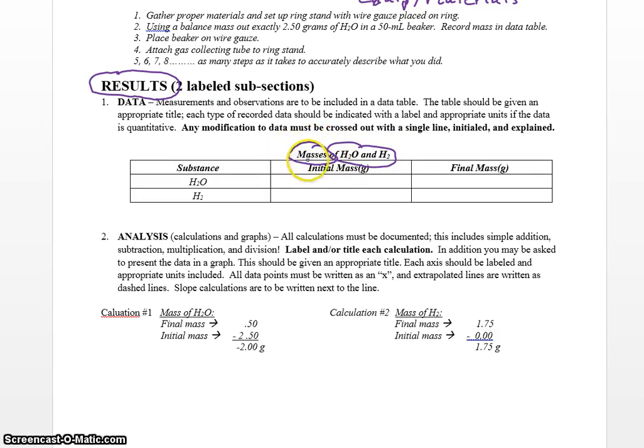The answer to the question, what do I include in my data table, is any observation or measurement that you are going to be making as part of your experiment. That is what you will need in order to begin the lab. This is everything that is necessary for the pre-lab.